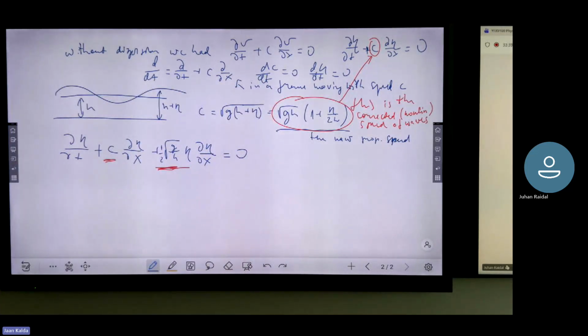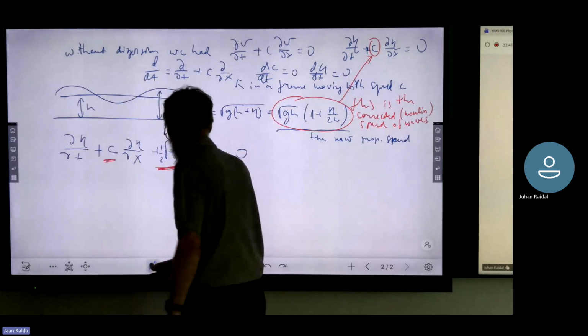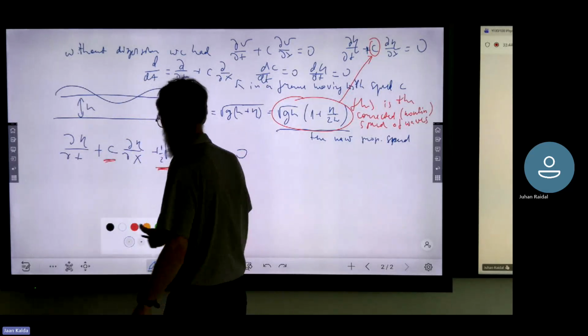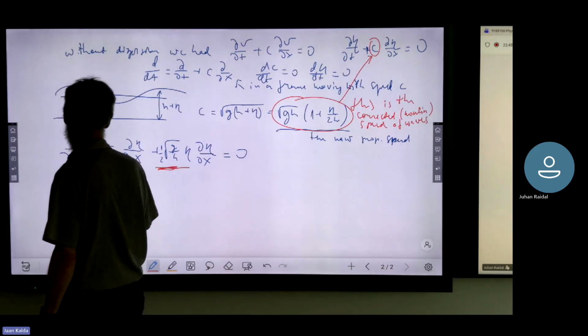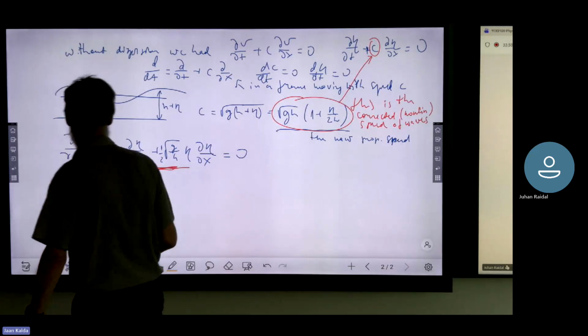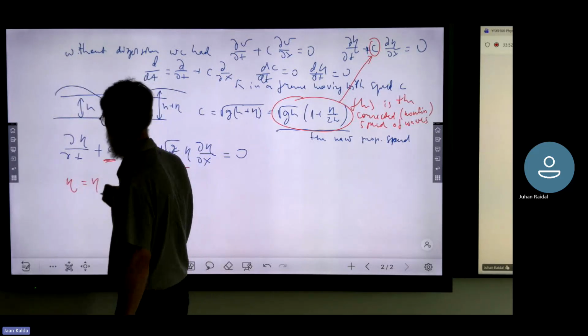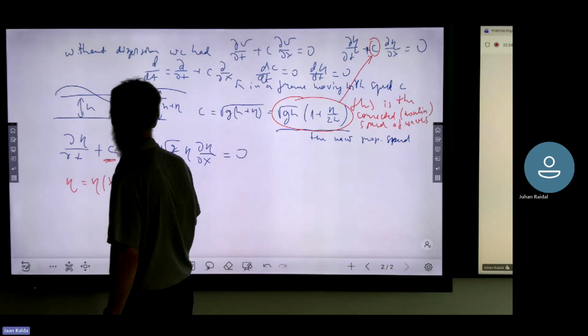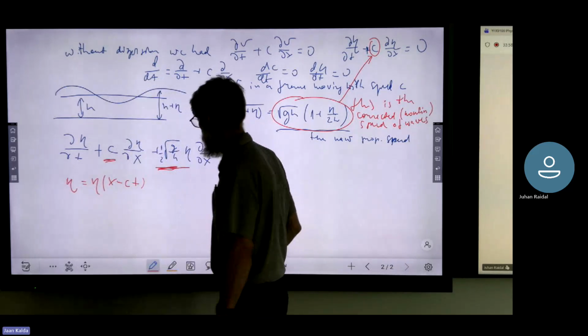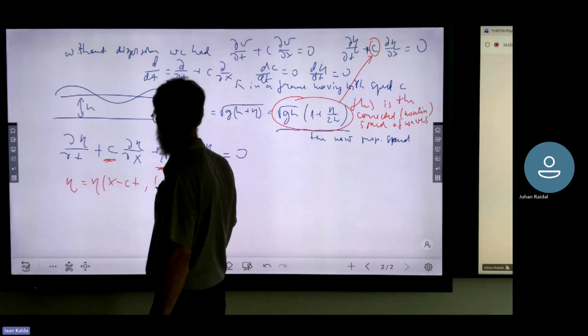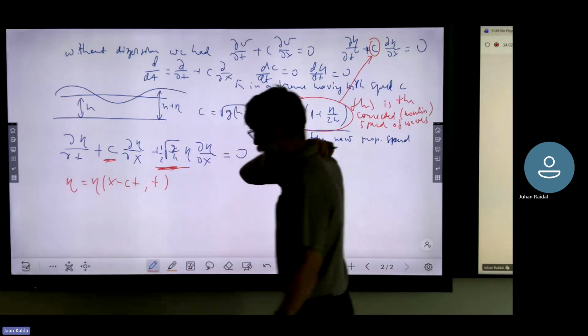So I say that I am now going to a co-moving frame where eta is considered as a function of x minus ct. This is the first coordinate, and the other might still depend on t, right?